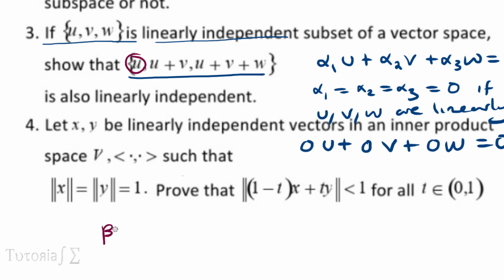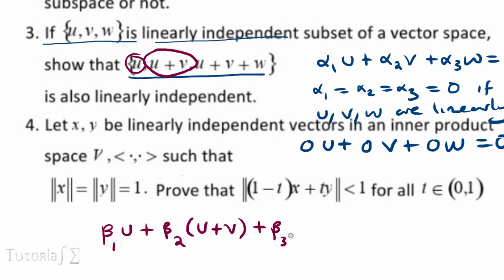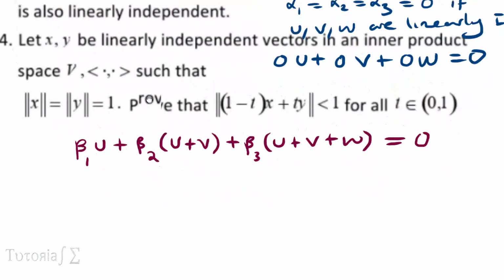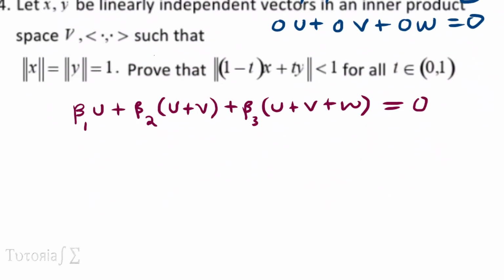So it'll be beta 1 u, plus we multiply the second entry, beta 2 times (u plus v), plus beta 3 times (u plus v plus w), and this should give you 0. So now our issue is to show that this is also linearly independent.